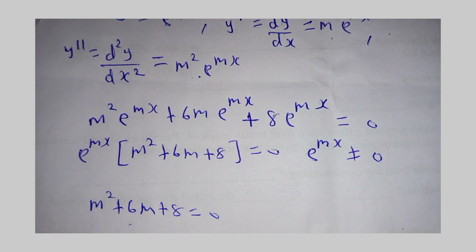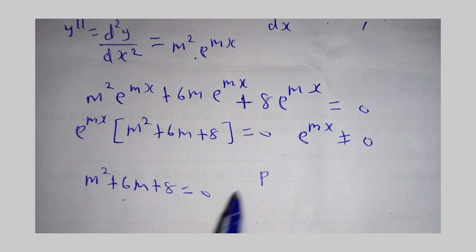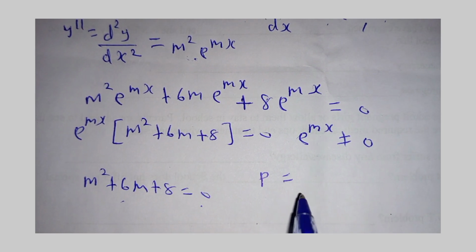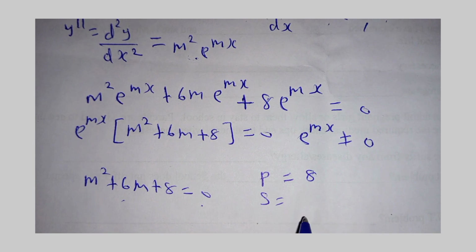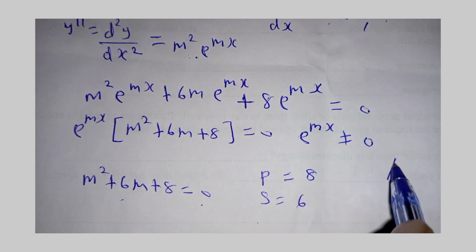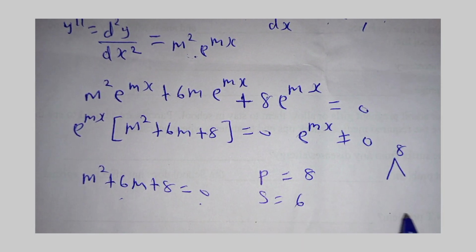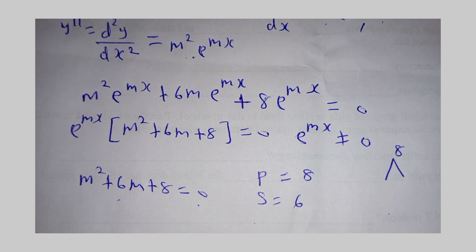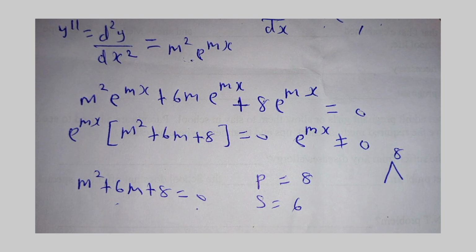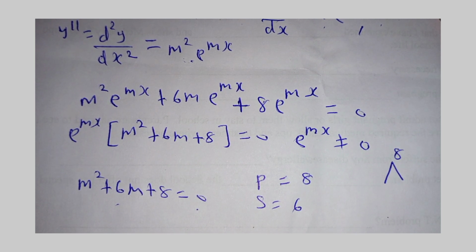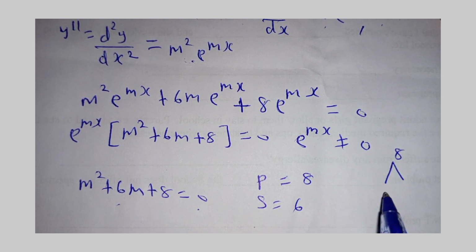This is a quadratic equation whereby we have our product as 8 and we have our sum as 6. So the factors of 8 are 4 and 2.